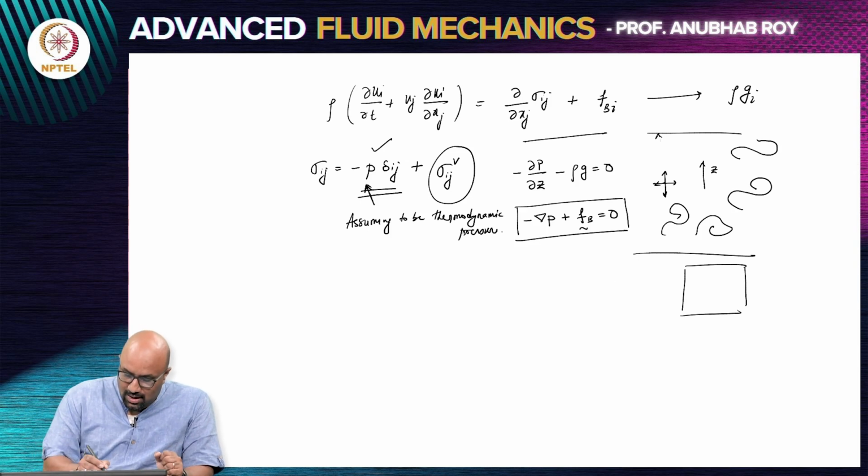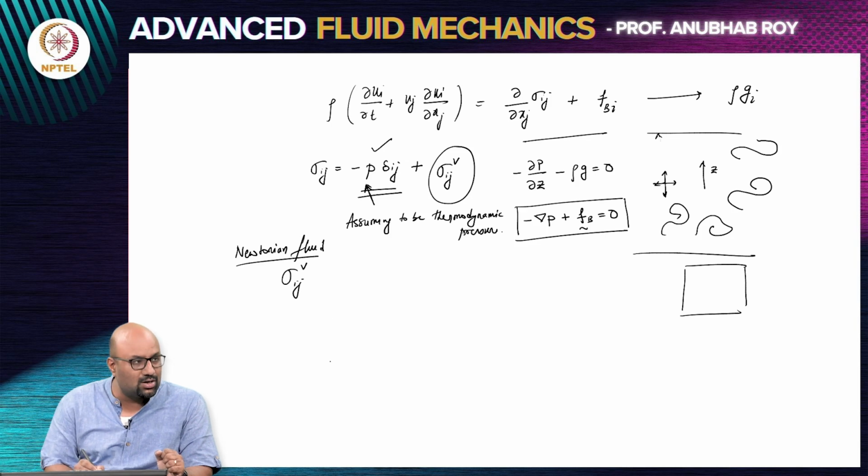Okay. So, with that, the next assumption that we made was that of a Newtonian fluid, and for a Newtonian fluid we said the assumption was that this additional contribution to the stress depends linearly on the velocity gradient.